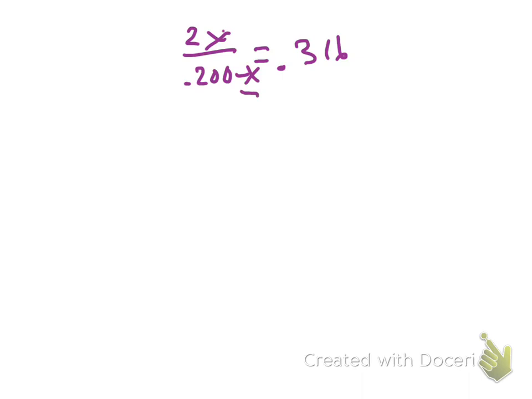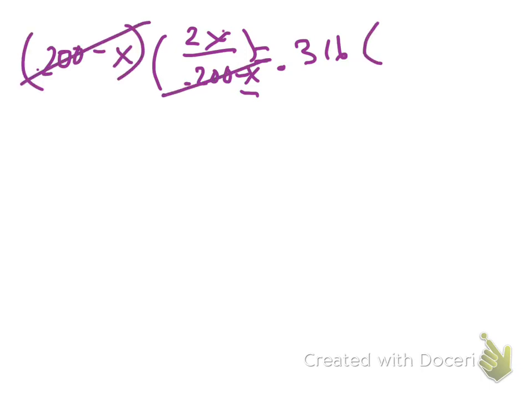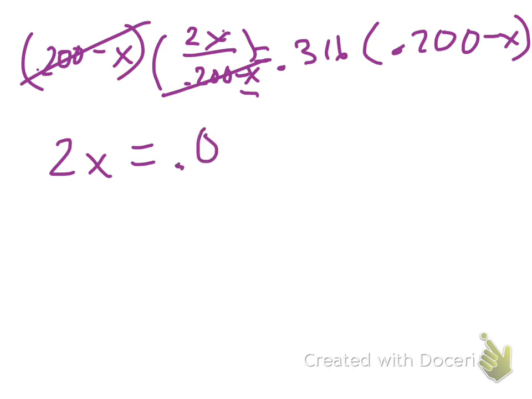So now we need to get x out of the denominator, so we're going to multiply this by 0.200 minus x. Those cancel. We'll multiply this by 0.200 minus x. So now we have 2x equals 0.316 times 0.2, which is 0.0632, minus 0.316x.